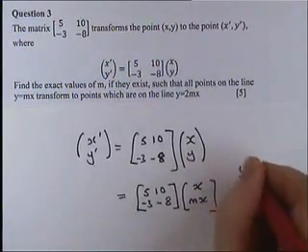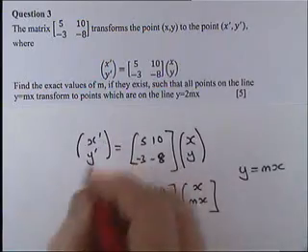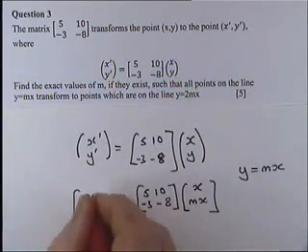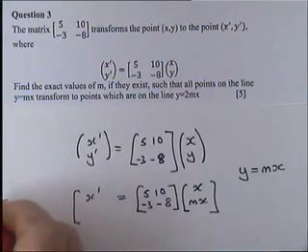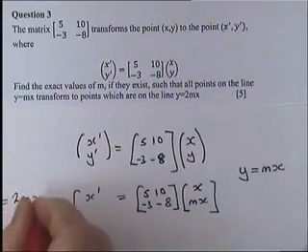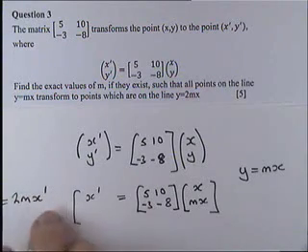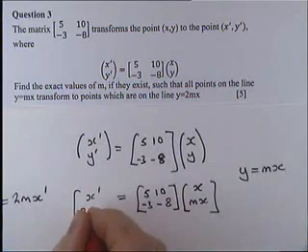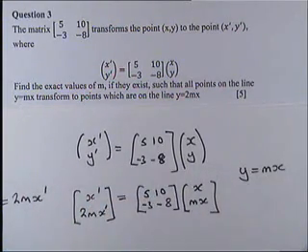Because don't forget that y is the same as mx. And if we look at this answer, we're going to get x prime, so all the points, and we were told that it's going to be y prime equals 2m lots of x prime. Because it's going to sit on a line y equals 2mx, but in this case we're substituting x prime in, so we're going to get 2m x prime. So there's our equation that we have to solve.